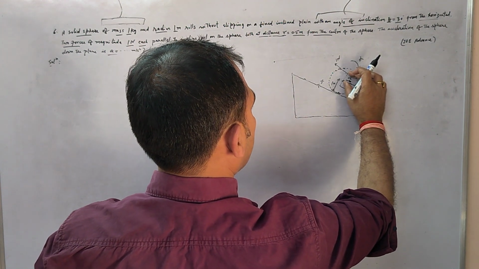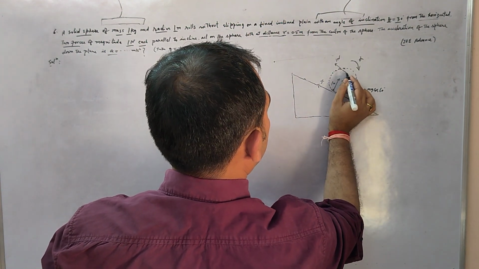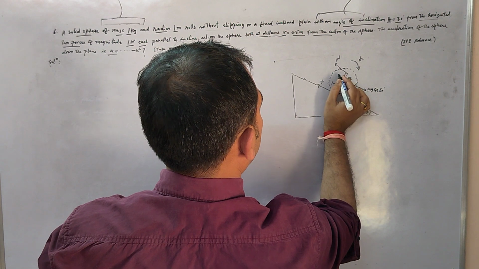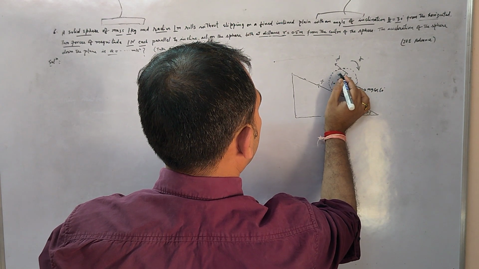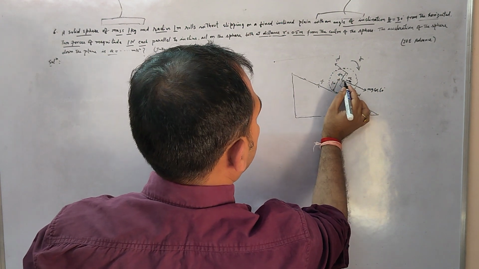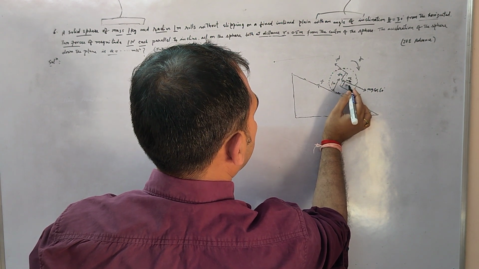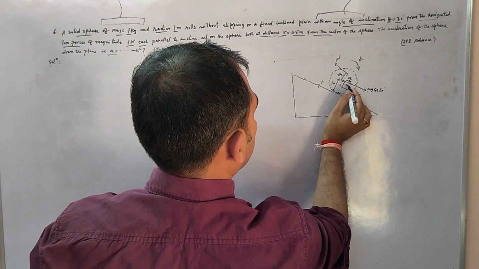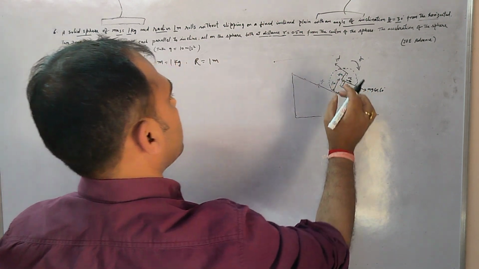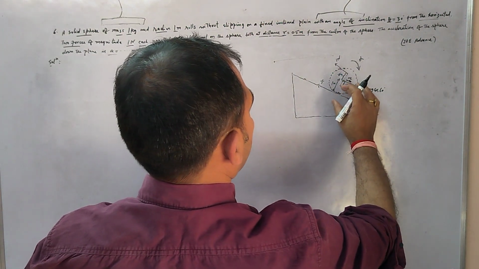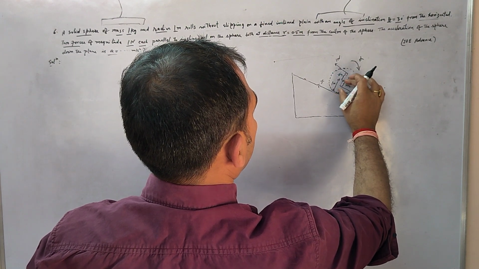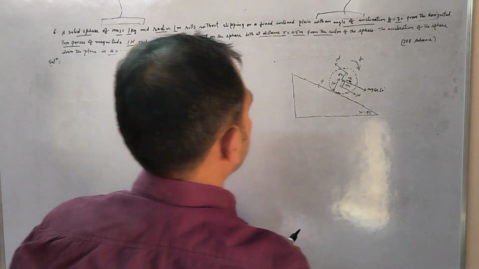This is 0.5 meter from the center and this is also 0.5 meter, that is half a meter, from the center. Basically the radius is 1, so this is half of the radius.